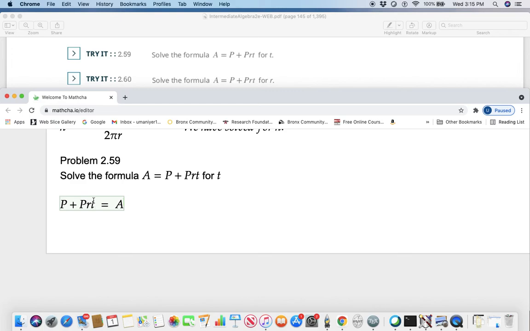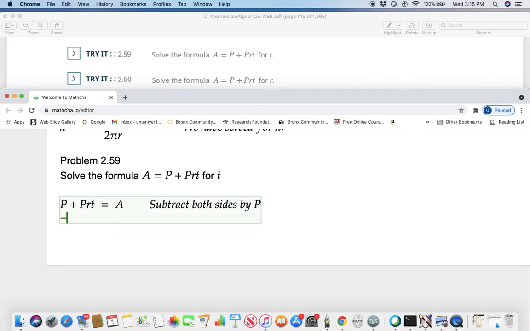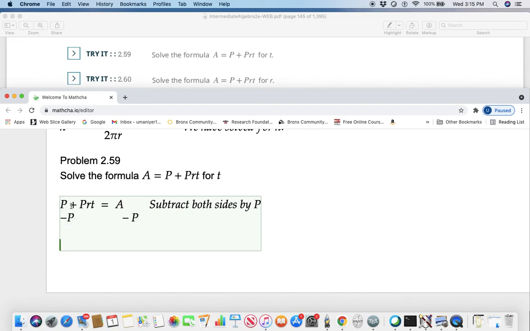Remember, you want to solve for T, so get rid of that P. P is being added, so subtract P from both sides. The P cancels this P and I am left with PRT on the left hand side, and on the right hand side it is A minus P.